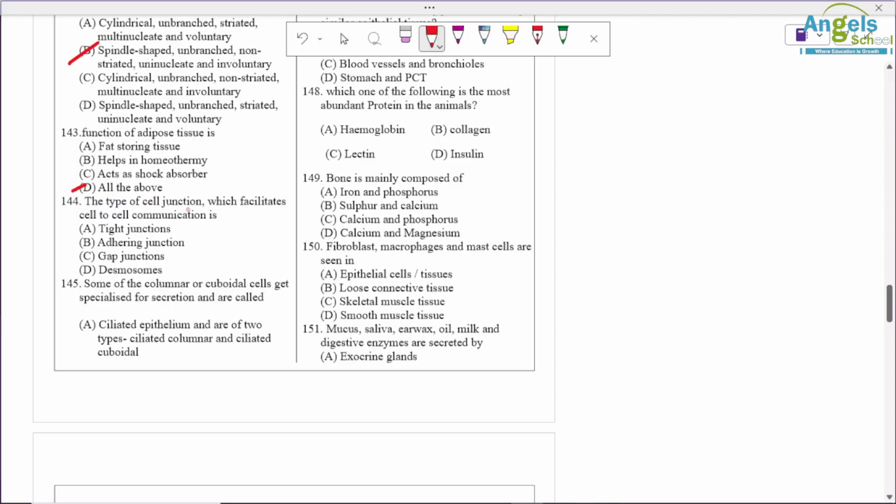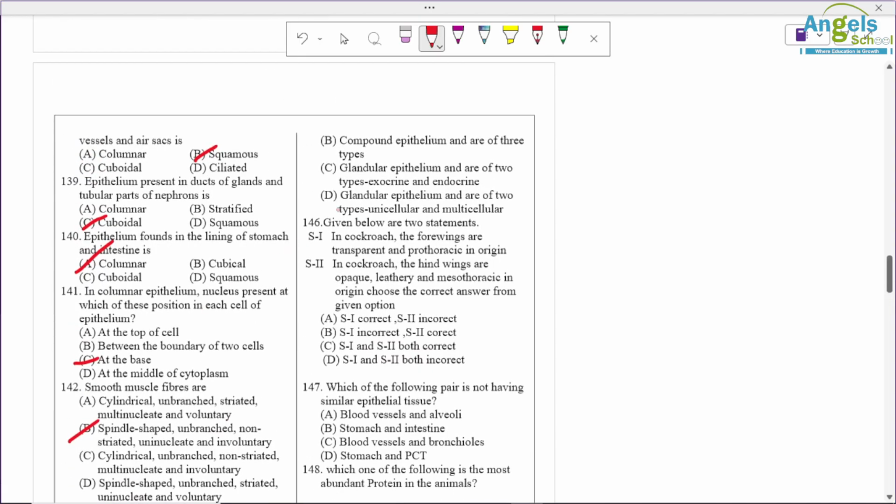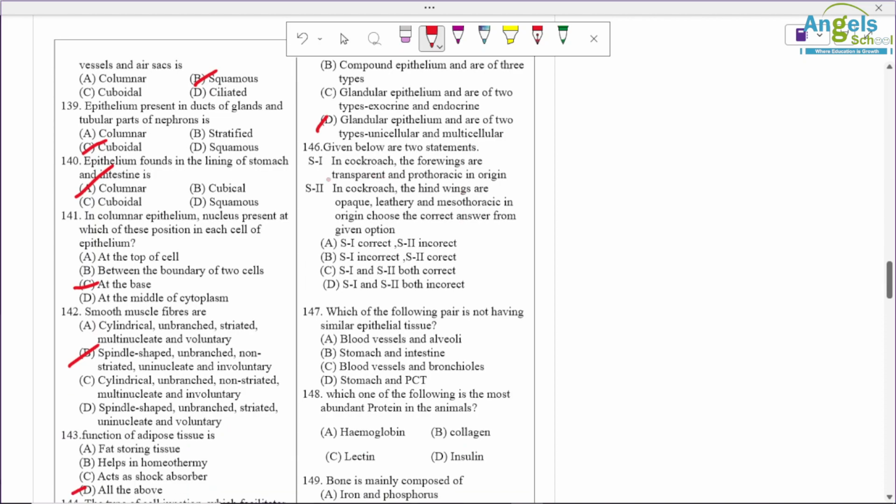The type of cell junction which facilitates cell to cell communication is known as gap junction. Some columnar or cuboidal cells get specialized for secretion and are called. So for secretion it is glandular epithelium, and it has two types, unicellular and multicellular.